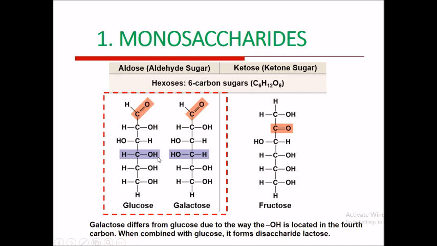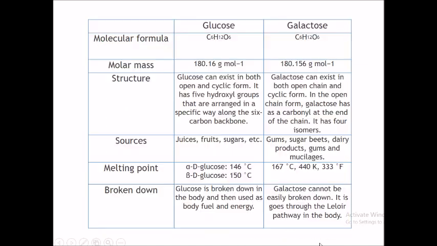So glucose is at the left side, meanwhile galactose is at the right side. When the monomer glucose and the monomer galactose combine together, they will form a disaccharide that is known as lactose.